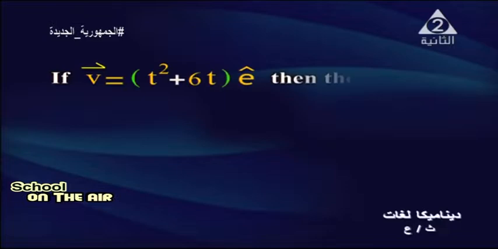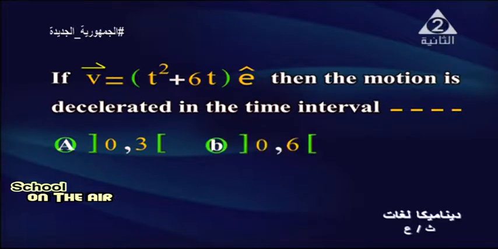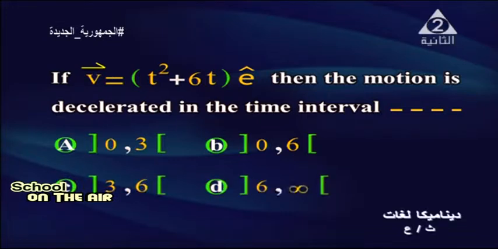Another example. If vector v equals t power 2 minus 6t in direction e, then the motion is decelerated in the time interval: open interval 0 and 3, open interval 0 and 6, open interval 3 and 6, or open interval 6 and infinity.